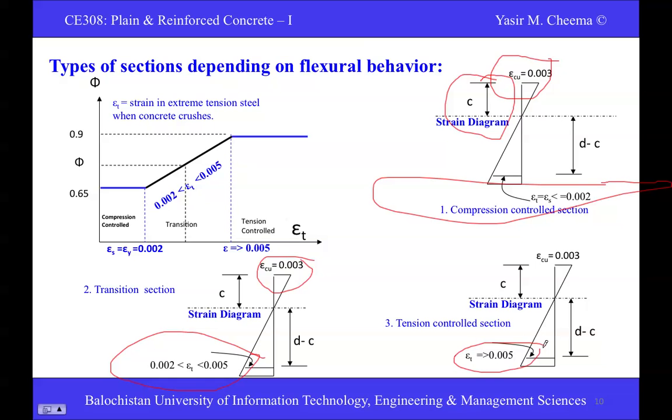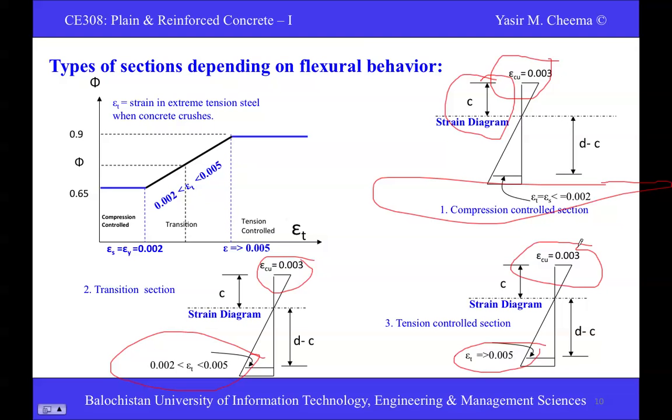Sir, why does the compression strain remain the same? We are taking this as an assumption in every section. I have mentioned it somewhere above. So we are assuming that the compression strain is the same value, but the tension strain is increasing.